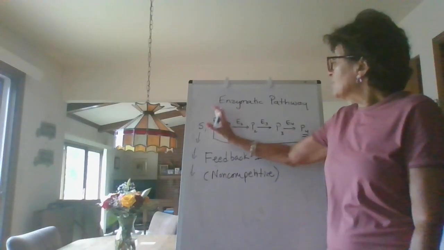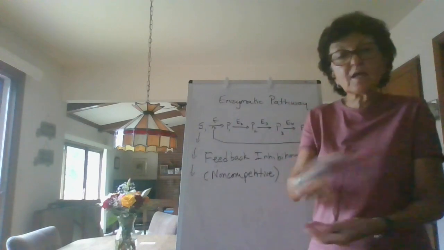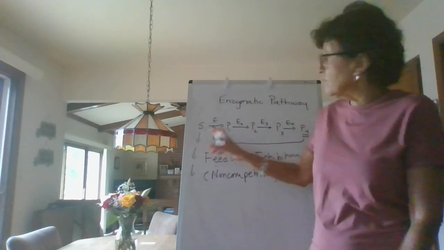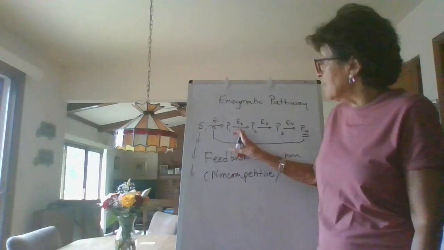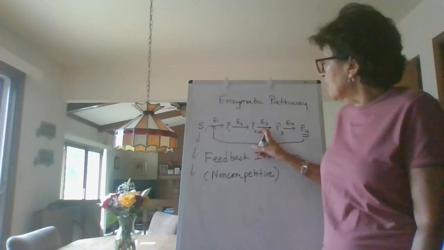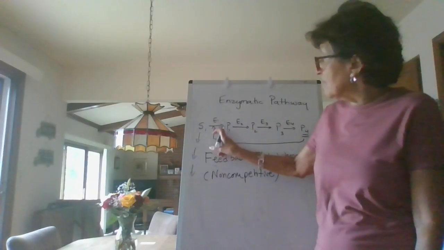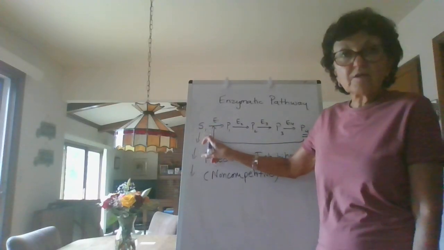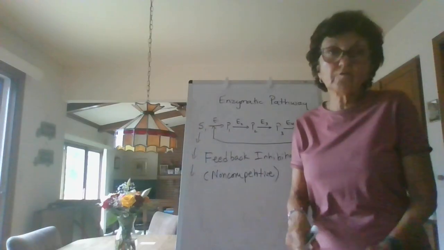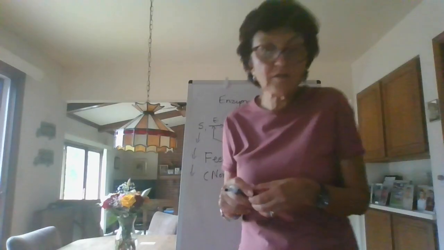So whichever enzyme you inhibit, you start accumulating the thing that's in front of it. So let's say if I inhibit this enzyme, I'll have lots of P1. If I inhibit this enzyme, I'm going to have lots of this. But if I inhibit this enzyme, now I have a lot of this guy, and it has to go over to a different pathway. So you get the idea of feedback inhibition?